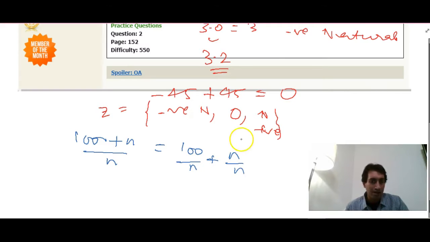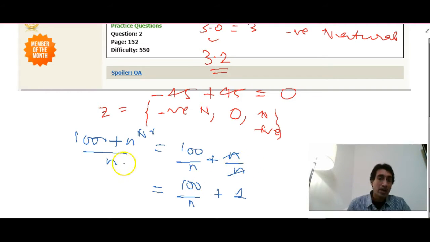Of course we can. We have learned fractions and we are just separating the numerator by dividing every term in the numerator with the denominator. Can we write this again as 100 by n plus 1? Yes, because n by n is easily cancelled, giving 1. So finally this equation turned out to be this equation.